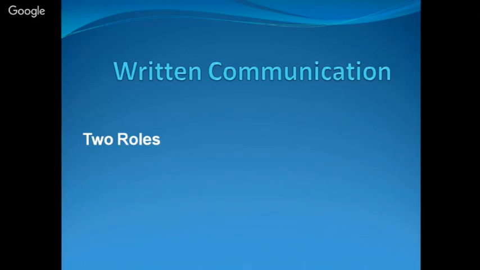If you are familiar with the functions written communication can play, there are basically two roles.